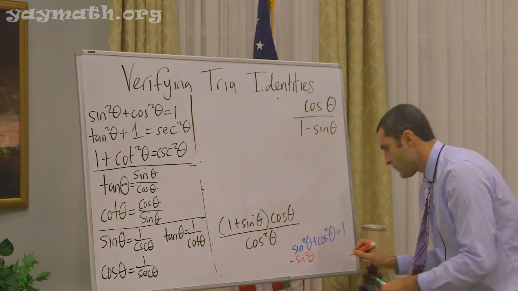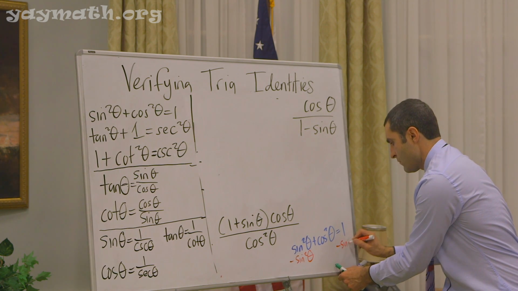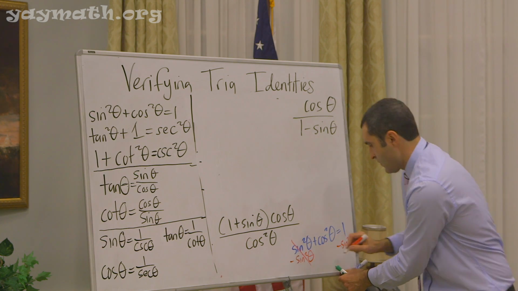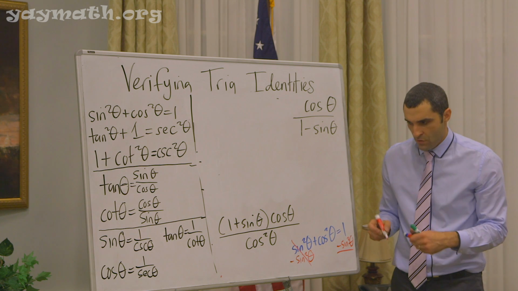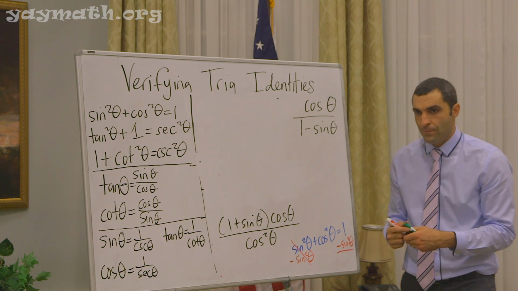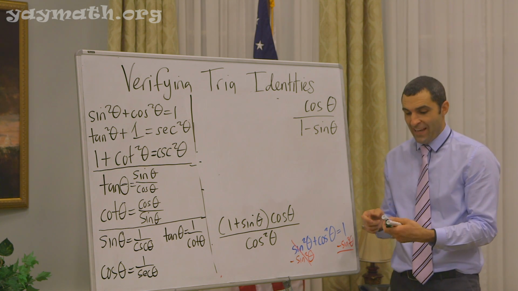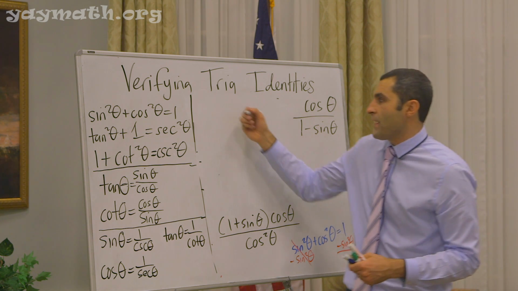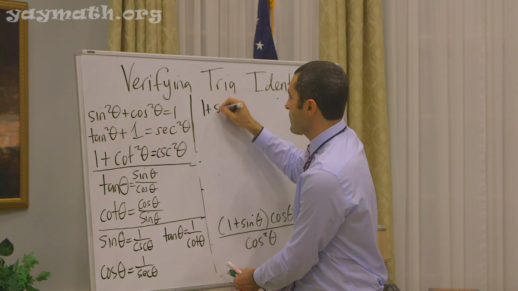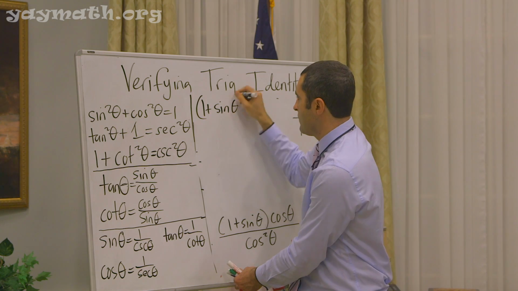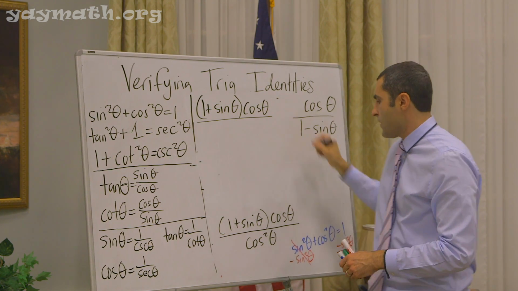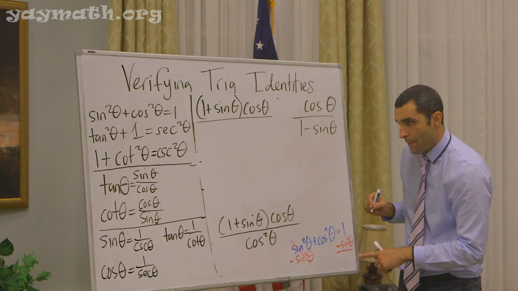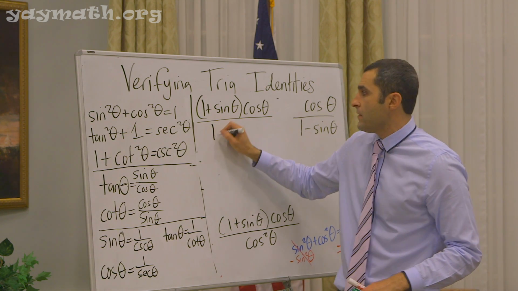That means cosine squared theta equals 1 minus sine squared theta. So let's write it all again: 1 plus sine theta times cosine theta, all over cosine squared, which is 1 minus sine squared.